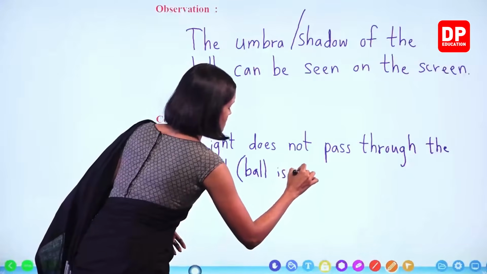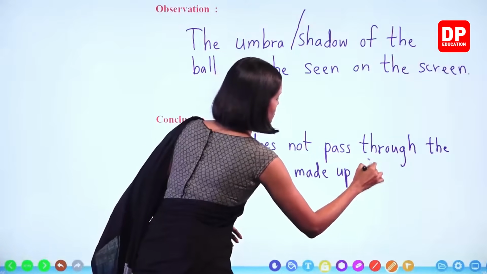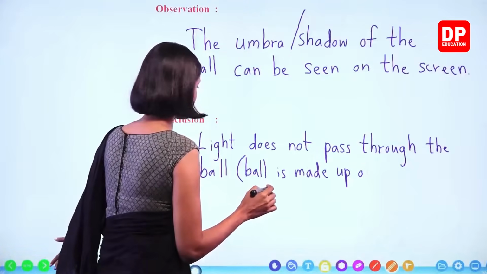Ball is made up of... simply write, ball is opaque.